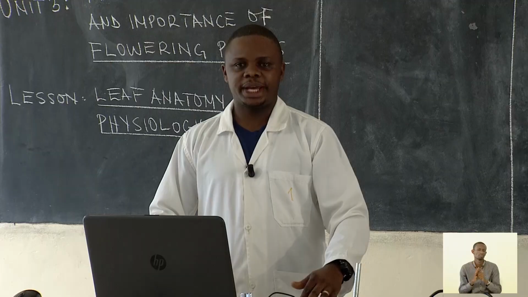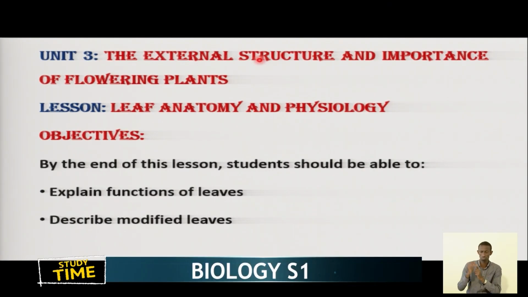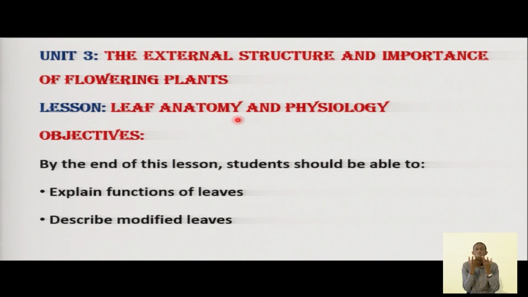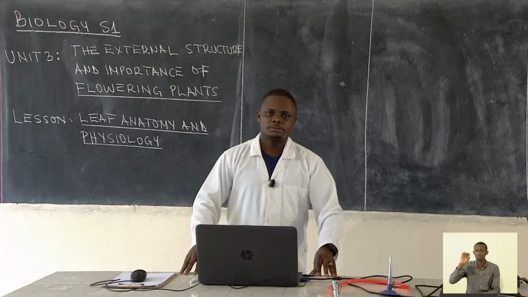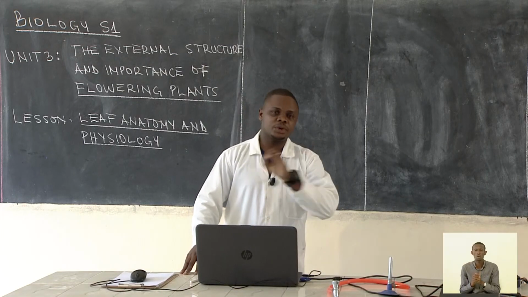This is from our lesson today. The lesson today is from Unit 3, which is the external structure and importance of flowering plants. The lesson will be leaf anatomy and physiology. Dear students, when we talk about anatomy, do you understand what it means? Anatomy is the study of structures of an organism.